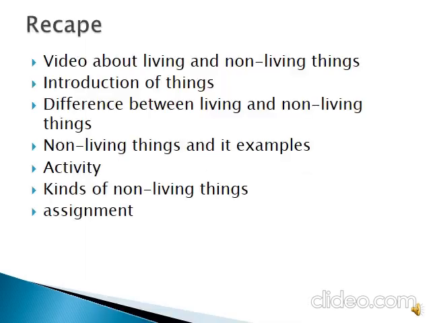Here is a quick recap of what we have learned today. First, I showed you a video of living and non-living things. Then I gave some introduction about things, what things are. Things are divided into 2, that is living and non-living things.